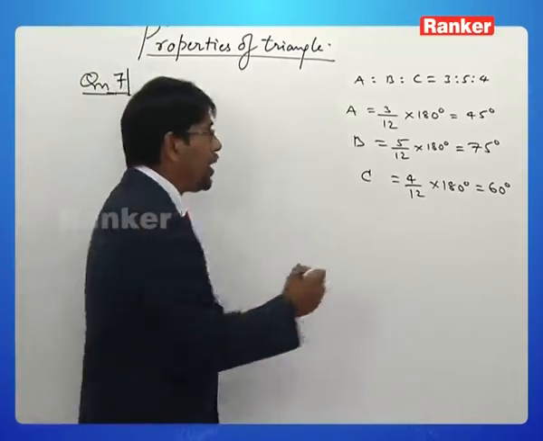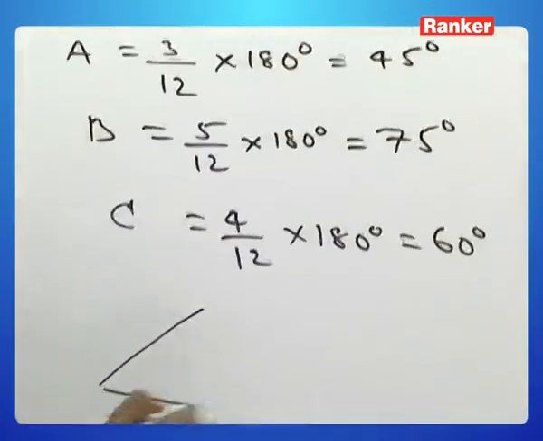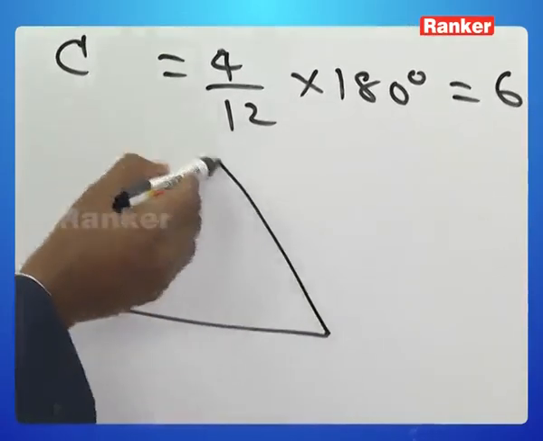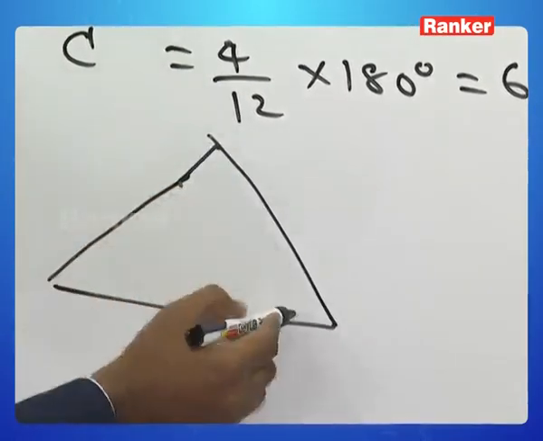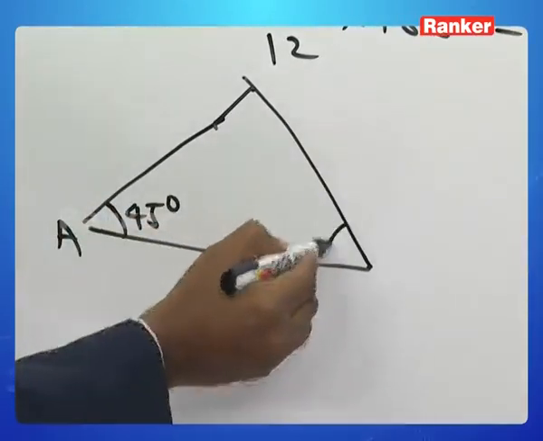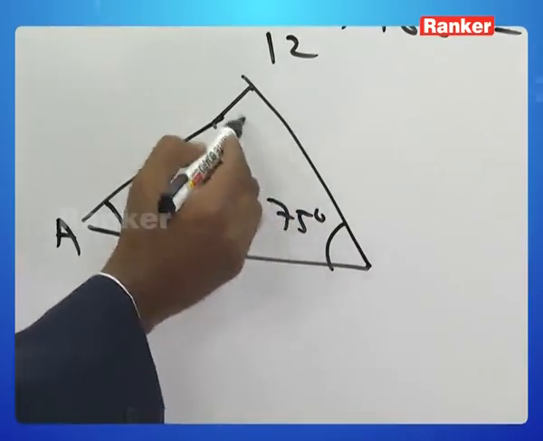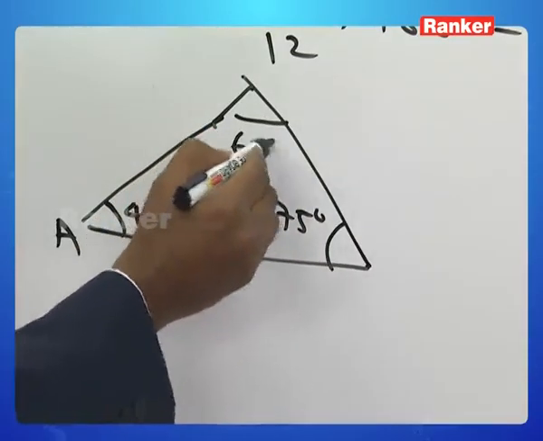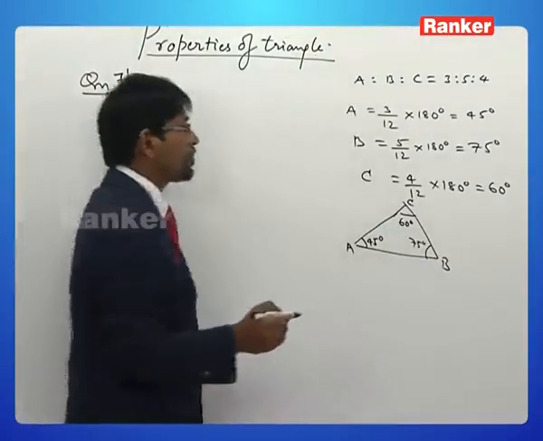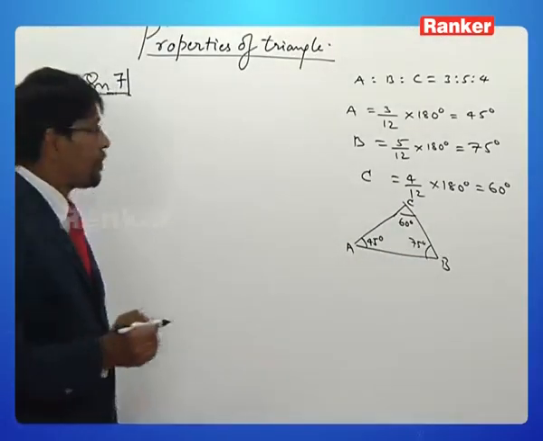So angle A is equal to 45 and angle B is equal to 75, and C is 60. That's how the angles are.